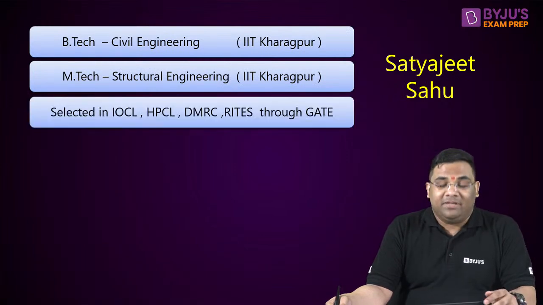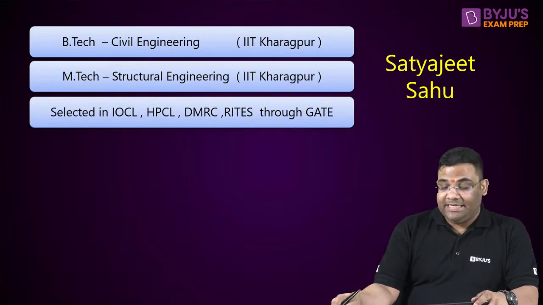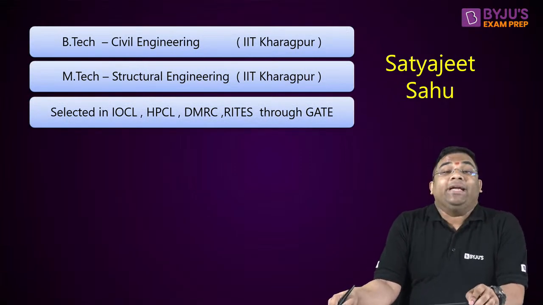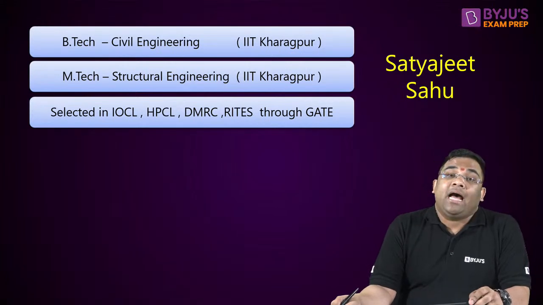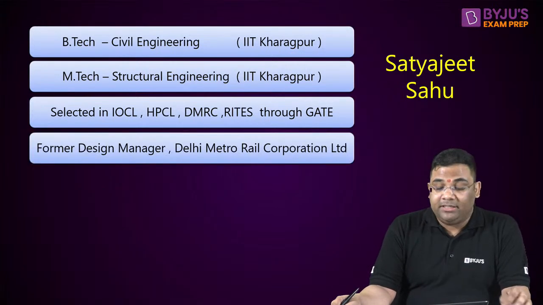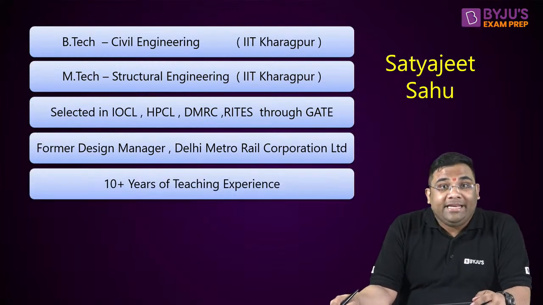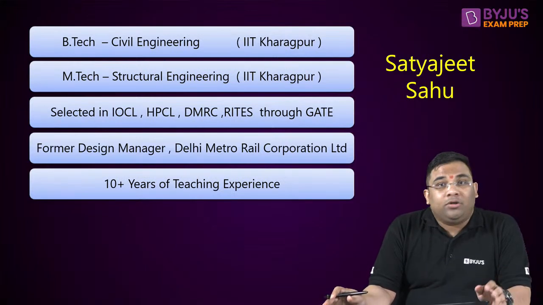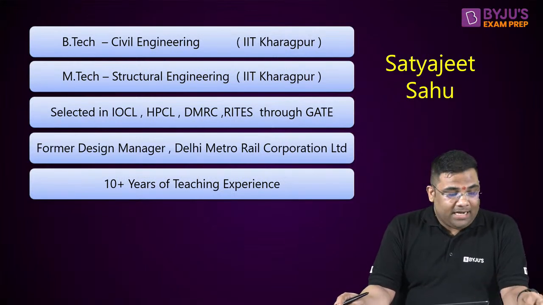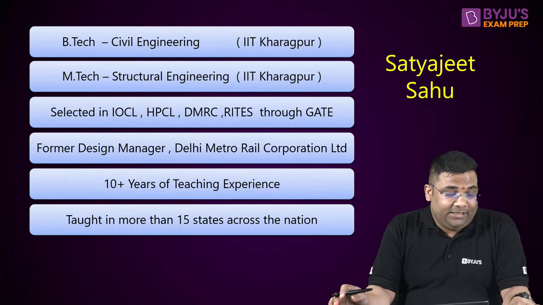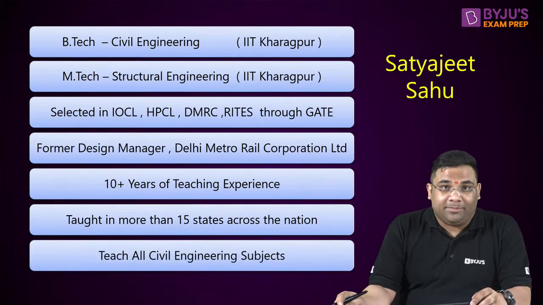After that, I was selected into Indian Oil, HPCL, DMRC, RITES through GATE. After that, I served as design manager in Delhi Metro Rail Corporation, and I have more than 10 years of teaching experience. I have taught all across the nation, and I teach all the civil engineering subjects.